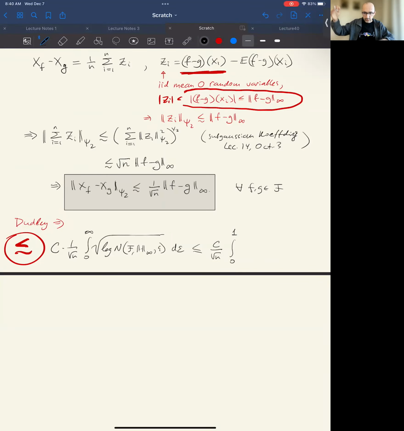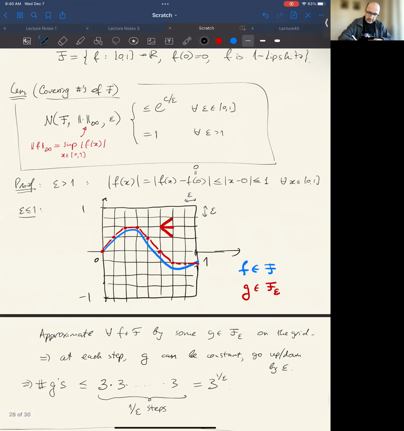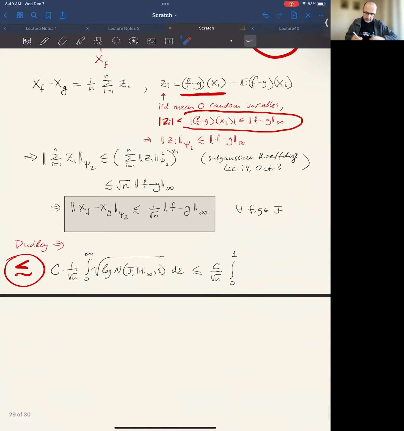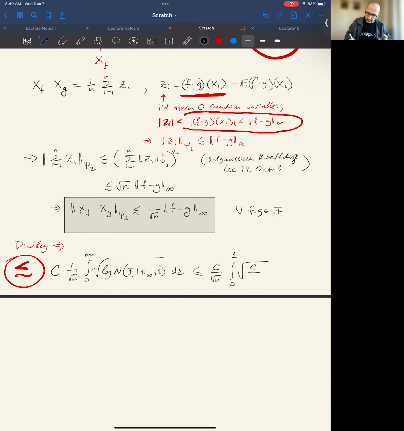That's because the rest is trivial. Inside the integral, we have e to the c over epsilon. Now it's log of e to the c over epsilon, d epsilon, like this. Perfect. What can be better? This integral converges. There is no singularity at 0, actually, right? Because it integrates out. So this is about 1 over root n. Done.